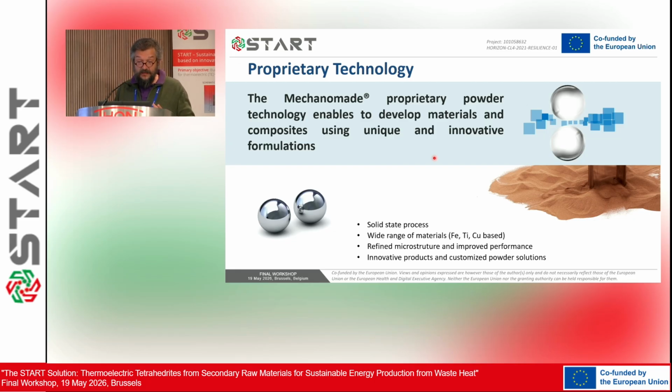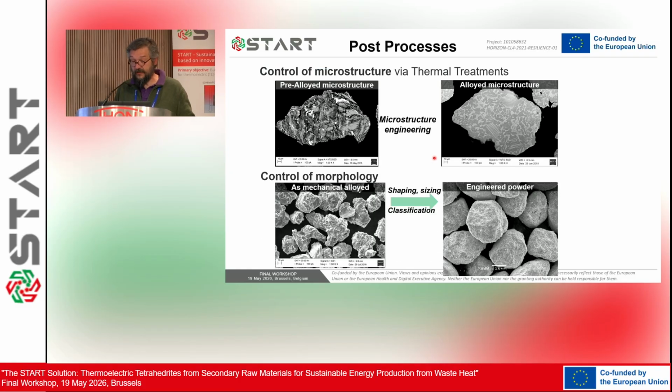But making the material is not the only thing that we have to do to deliver this to the market. It is also the ability to do processing. For example, after the pre-alloying or the ball milling, in some cases we need to have heat treatments in order to achieve a specific alloy microstructure.